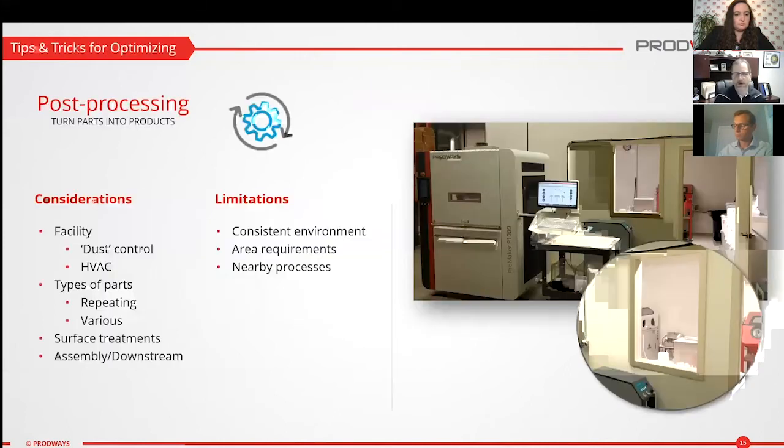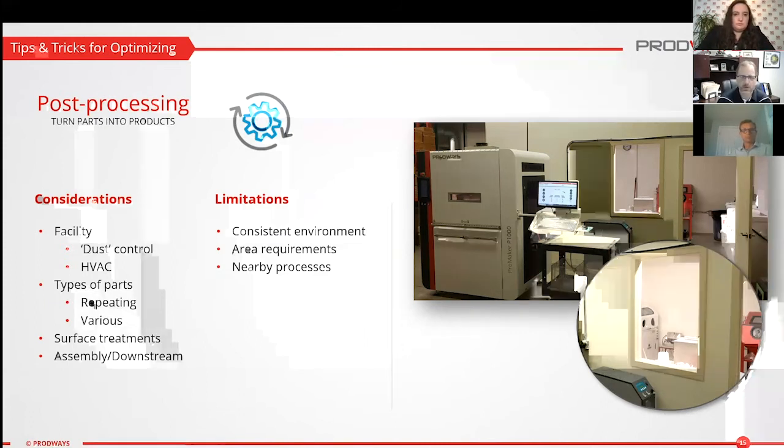As we move on to post-processing, a very common question as you start to peel back layers of the onion. What does this technology need? You see pictured there our cleaning facility, and what we've done here is actually built the area specific for this. So dust control, or powder dust control, must be taken into consideration. We put in air handling units to keep the air clean.